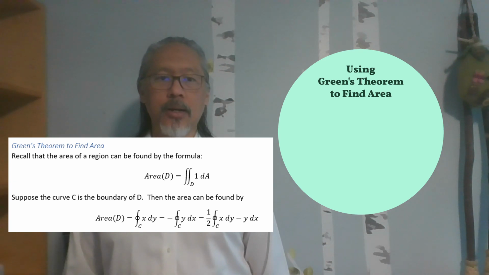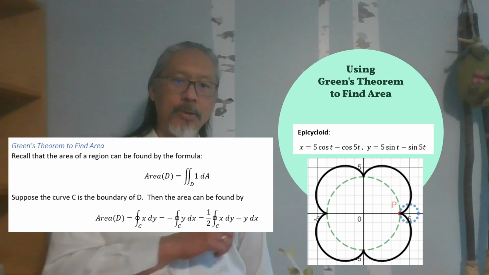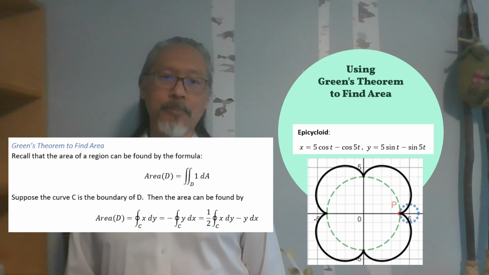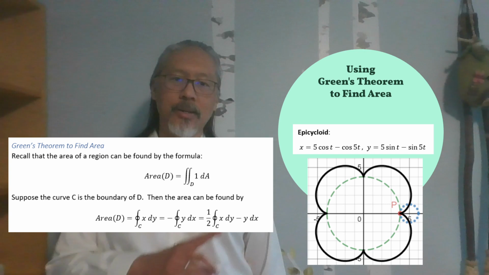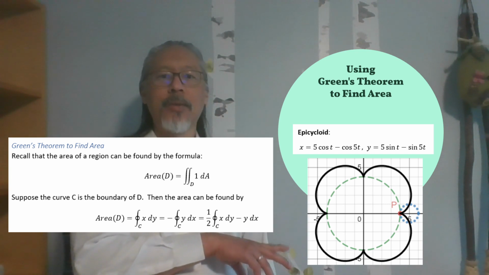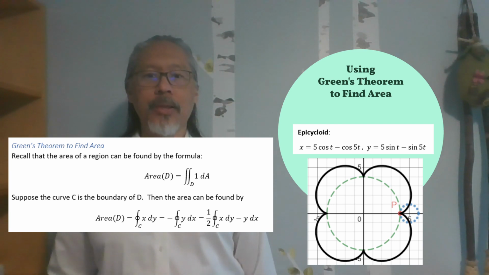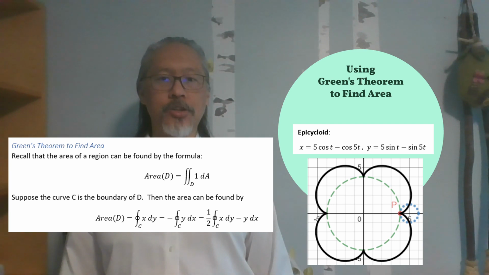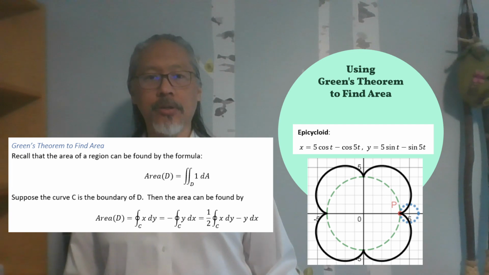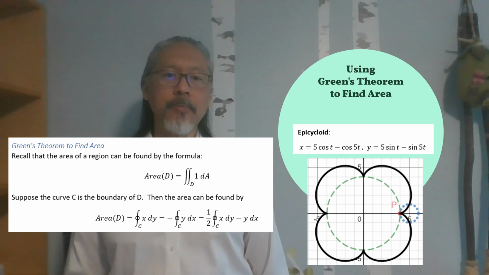An example of trying to find an area would be an epicycloid. Finding the area within the epicycloid could be difficult because it's hard to think about what types of functions we can describe there. If we know the parameterization of the epicycloid, then we can use it as the closed curve C and evaluate that line integral.